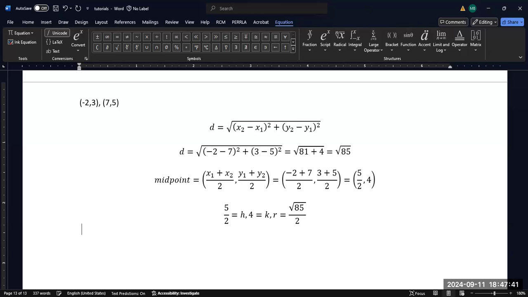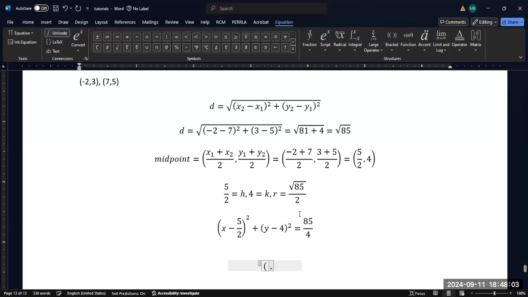And I could put that into my circle equation, (x minus 5/2) squared plus (y minus 4) squared is equal to r squared, which would be 85 over 4.